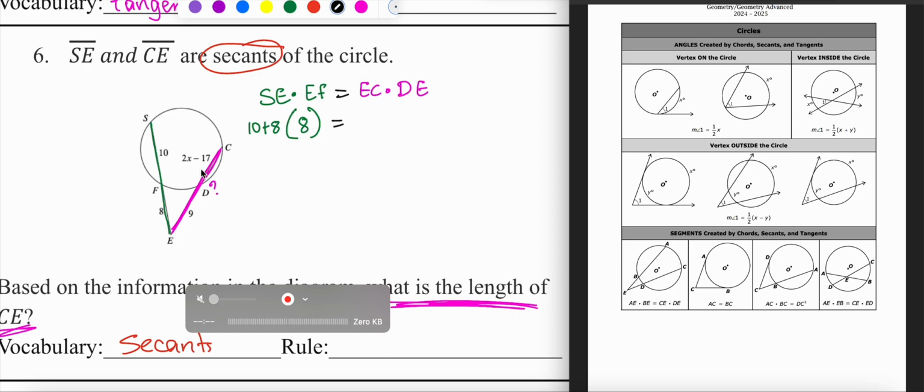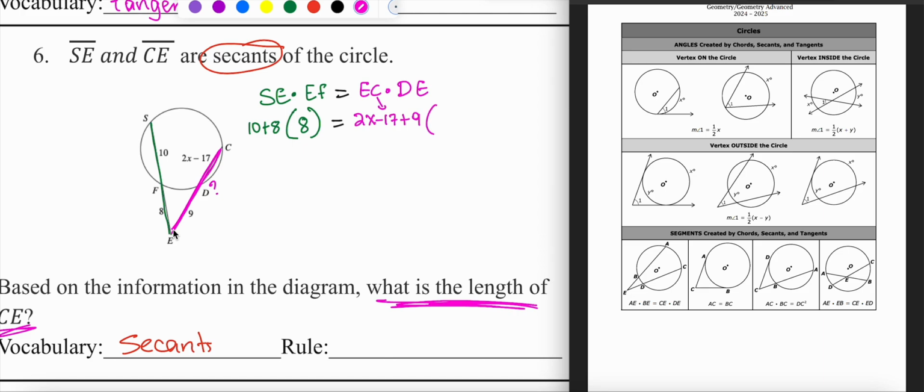So EC is the whole line. So the whole line is going to be 2x minus 17 plus 9. So that is just for EC. Multiply DE, from D to E is going to be 9.